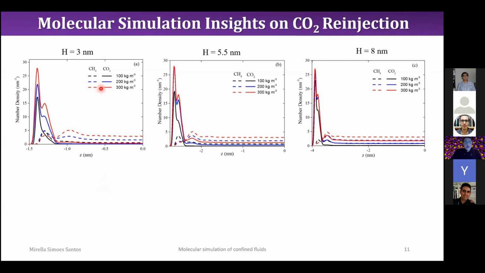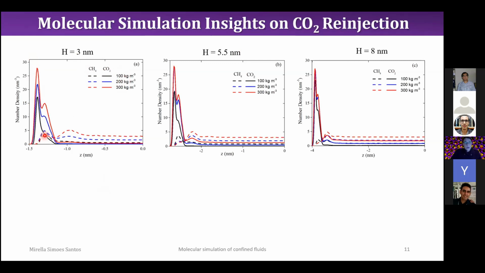And we have again a continuous line for CO2 and a dashed line for methane. And we have 3 different average densities inside our pore and 3 different pore sizes. And we see that as we increase the average density inside the pore, we see a larger amount of both components being adsorbed on the calcite surface.